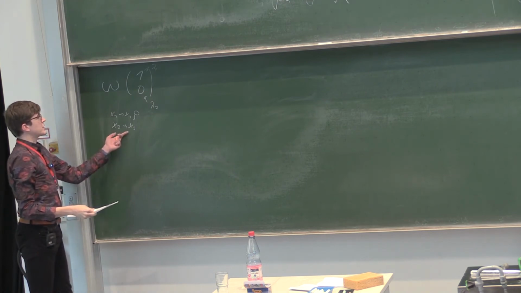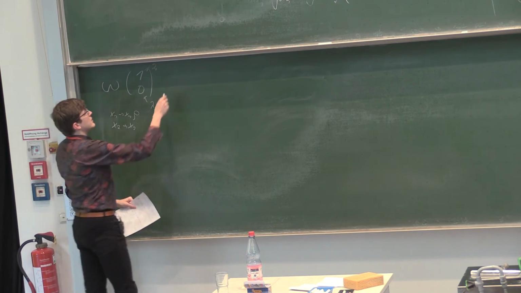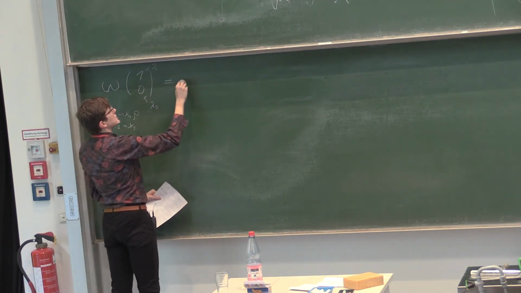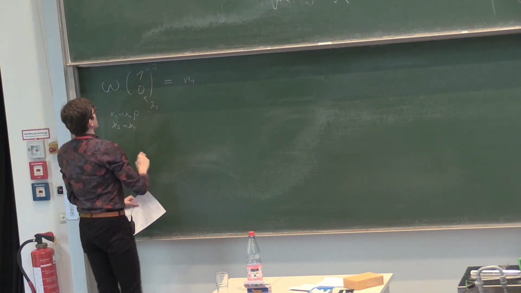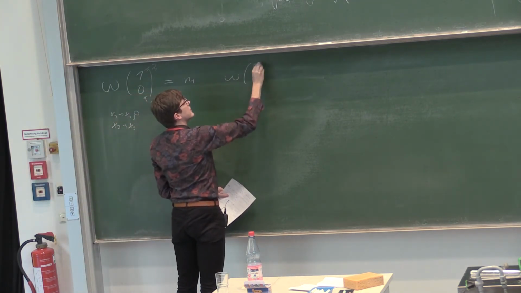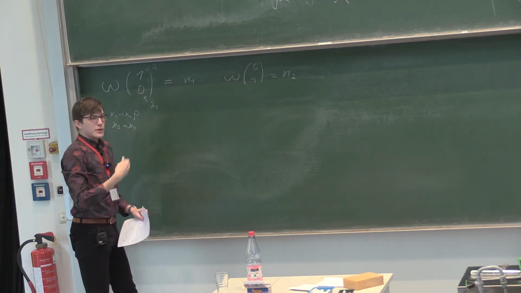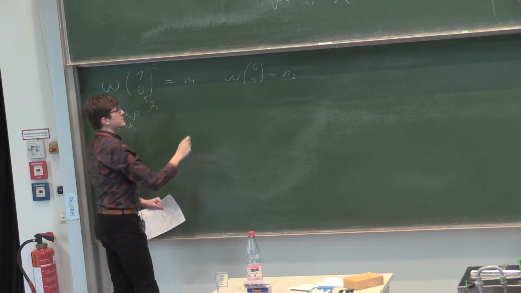So I keep x2 fixed and only send x1 to 0. So this is the first thing we did. All right, so here if you do the power counting, you get exactly n1. If you do the thing with 0, 1, you scale the other one, you get the power counting n2. Right, and the requirement is that they should all be positive.